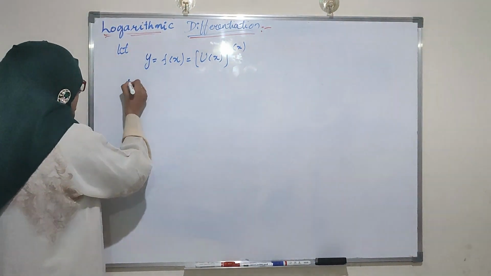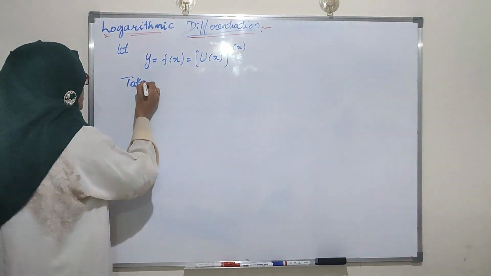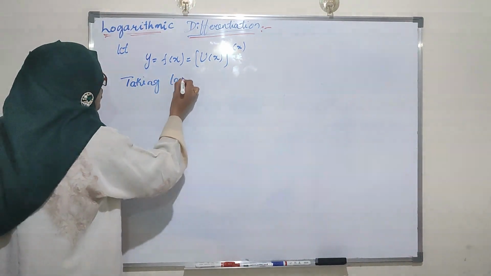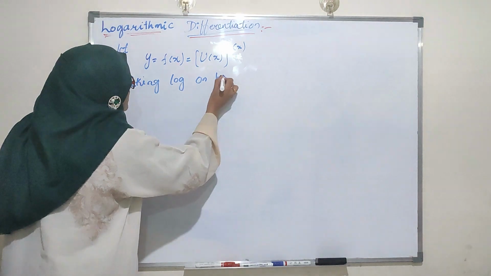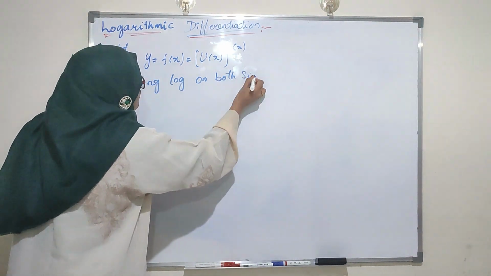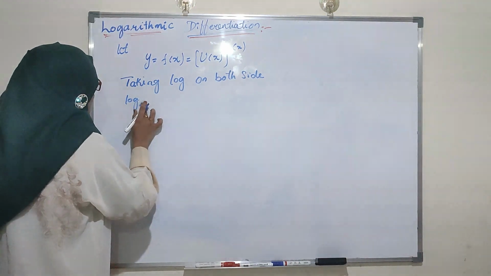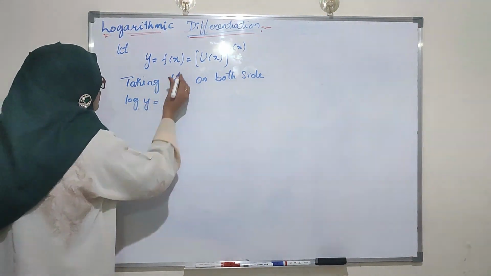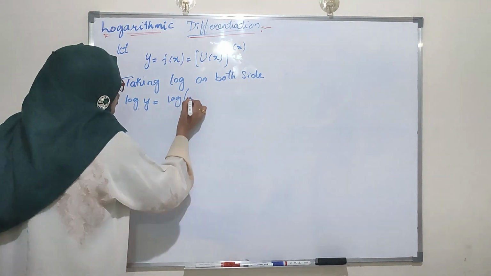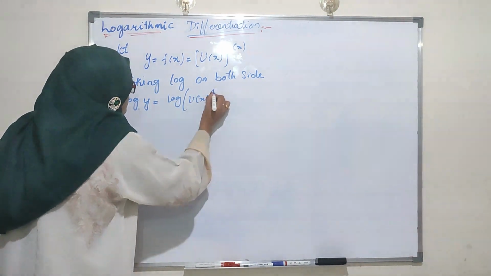So we are taking a substitution. How? Taking log on both sides. Log of y is equal to log of u of x raised to the power v of x.